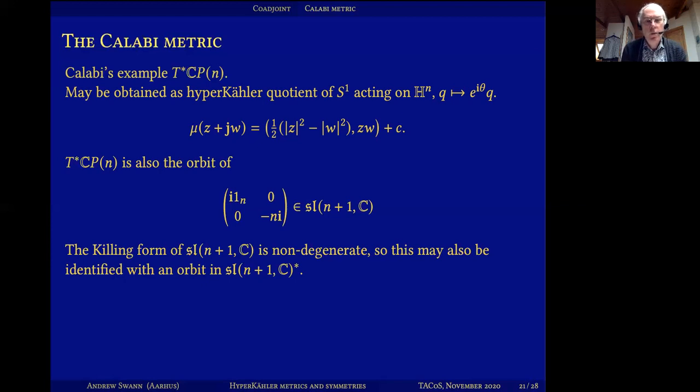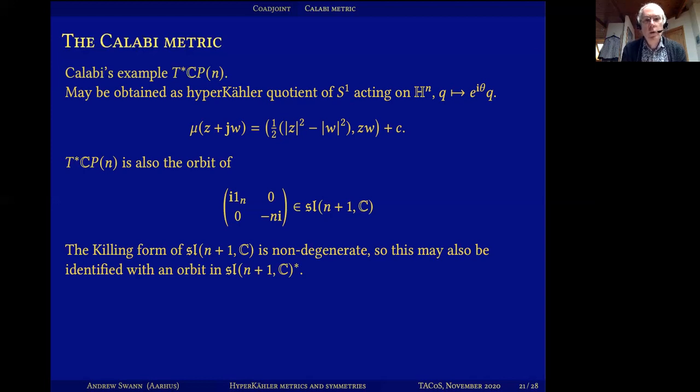So one presentation is to think of it as an orbit under the adjoint action of SL(n+1, C) in sl(n+1, C) of the matrix I've written down there, or any other scalar matrix of that form. So there's a free parameter in the Calabi metric. SL(n+1, C) is acting on this by conjugation.